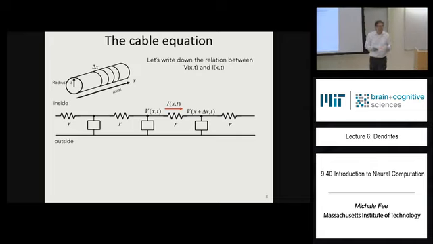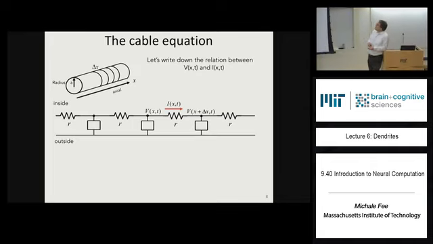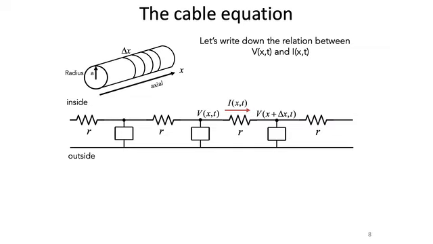All right, so the first thing we're going to do is write down the relation between V in each node and the current going through that node. We're going to use Ohm's law.